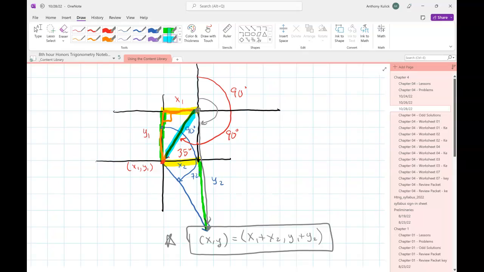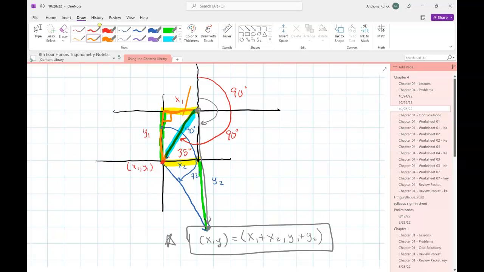How far was that? 80, right? Can I figure out this angle? Yeah, of course I can, right? What does it got to be? 55, right? 90 minus 35. See the red 35 there? Everybody's okay? I can then use right triangle trig to find the values for x1 and y1.